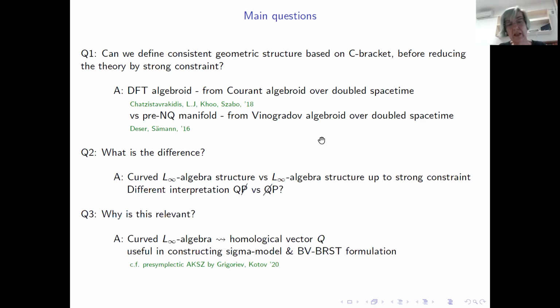We are particularly interested in sigma model. And then also you can discuss the BV-BRST formulation of this theory and stuff like this. For all this, you really need a bona fide Q, a homological vector that squares to 0. But I will come back to the interpretation later on.